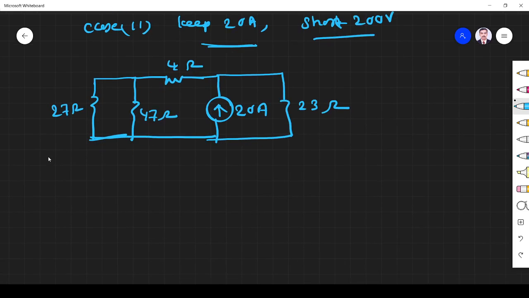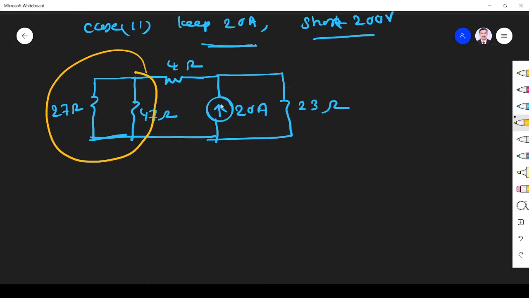Now we can see that these two resistors are parallel. So first we find the equivalent resistance. R equivalent is 27 parallel 47, that will give 17.148 ohm.